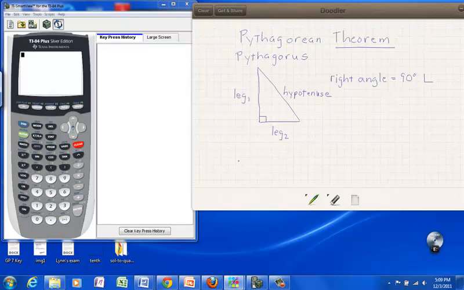And what the Pythagorean theorem tells us is that if you take leg sub 1 and you square that number, and you add that to the square of leg sub 2, you will get the square of the hypotenuse.